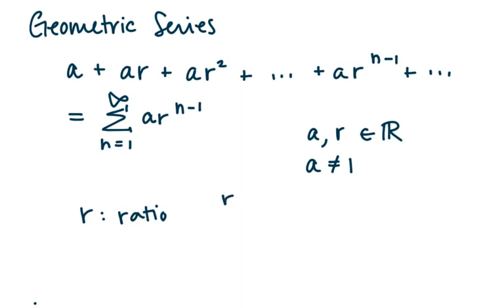So for example, r is going to equal a sub n divided by a sub n minus 1. Okay? The ratio can be positive or negative. All right?